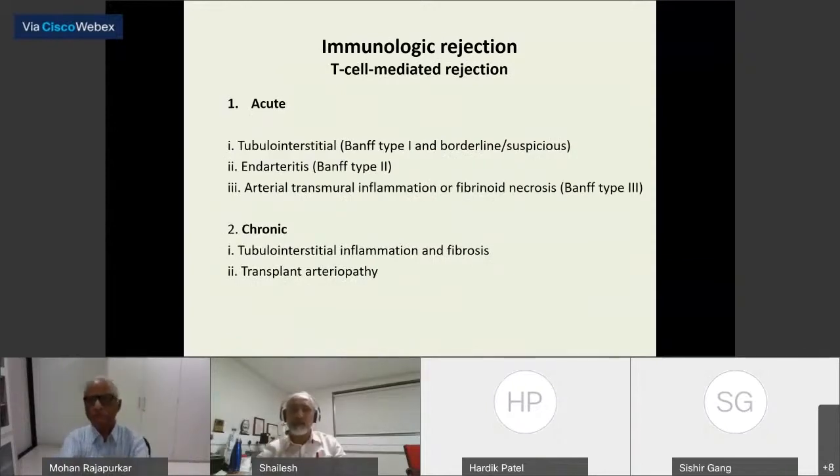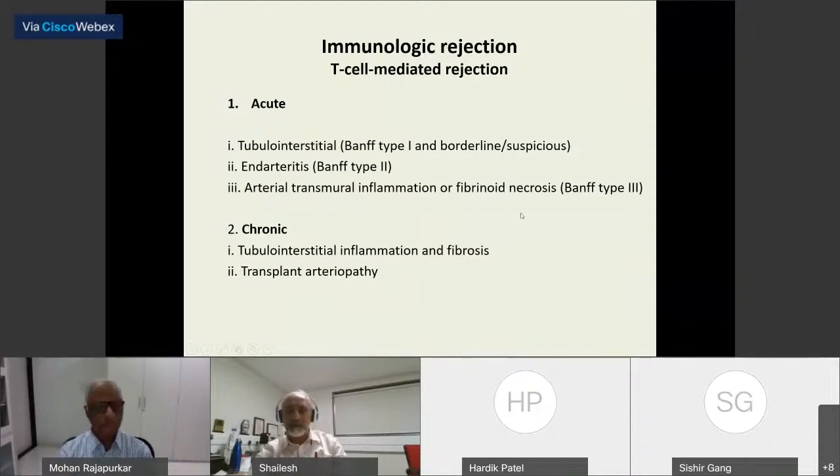One is acute T-cell mediated rejection, where the tubulointerstitium is predominantly involved, with various grades of tubulitis, that is T2, T3 grade tubulitis. Then in type 2, endarteritis is involved, and in type 3 cell-mediated rejection, there is panmural fibrinoid necrosis of the vessel wall.